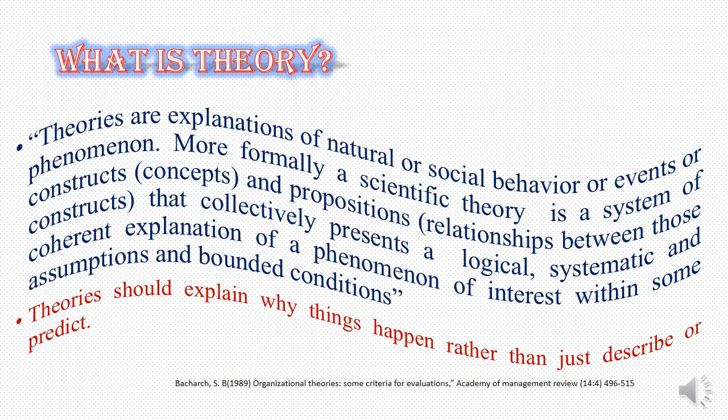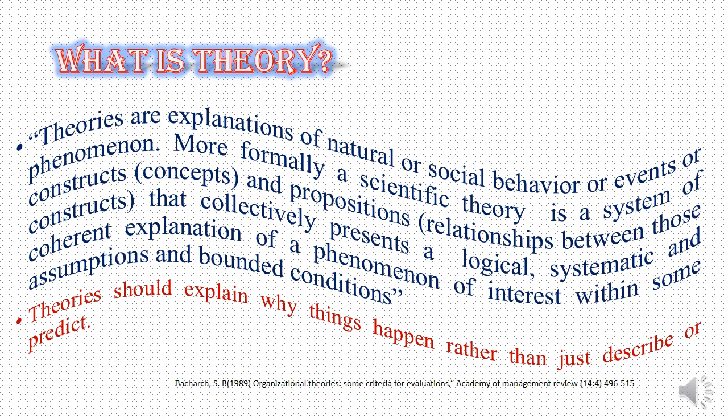Theories are explanations of natural or social behaviors or events or phenomena. More formally, a scientific theory is a system of constructs, concepts, and constructs, all those concepts which are not directly observable, we call them constructs, and they have to be operationally defined.